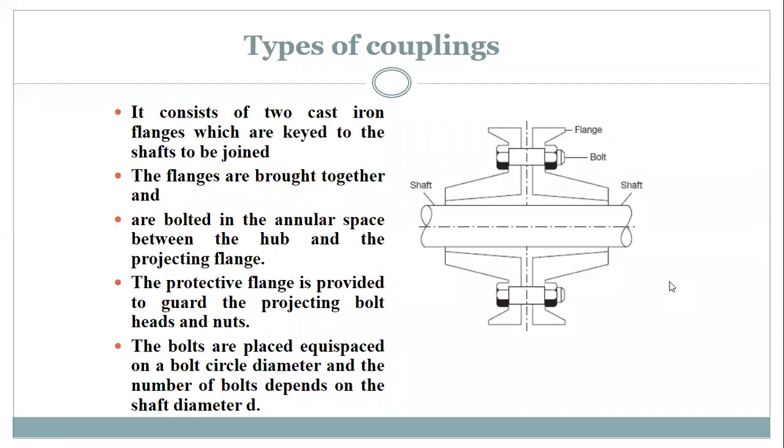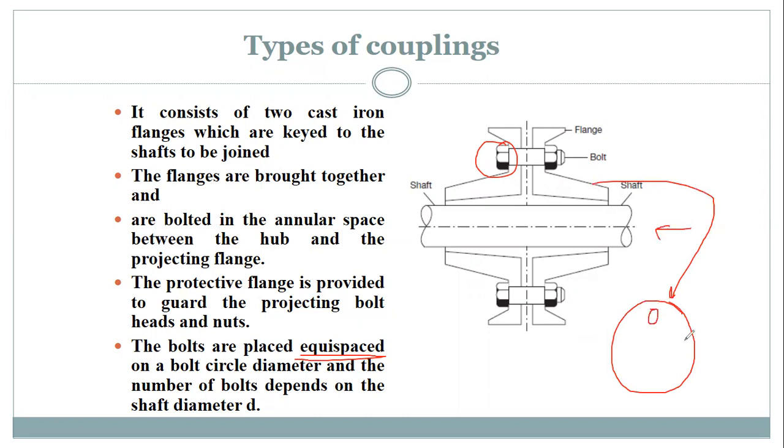Now, see guys, the bolts which you are going to see here are going to be equally spaced on the bolt circle diameter. We'll come through all these terms. We are going to calculate the detailed numericals of the flange coupling. But basically, what I'm trying to say is that this flange, if you see it from the side view, you will find as a circle.